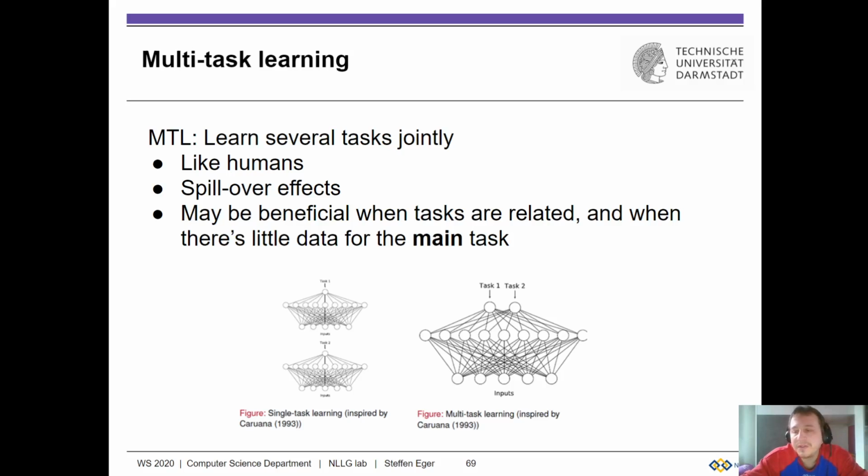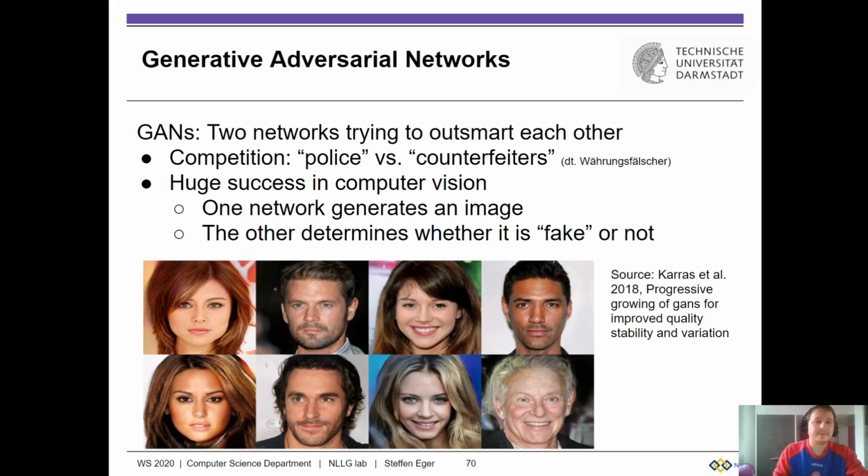Or, for example, if you learn a language, such as French, it may be helpful for you to also know about Spanish. So, doing those things jointly really allows you to leverage knowledge from one task to the other. And this is the idea behind multitask learning. It's a more human-like way of machine learning.